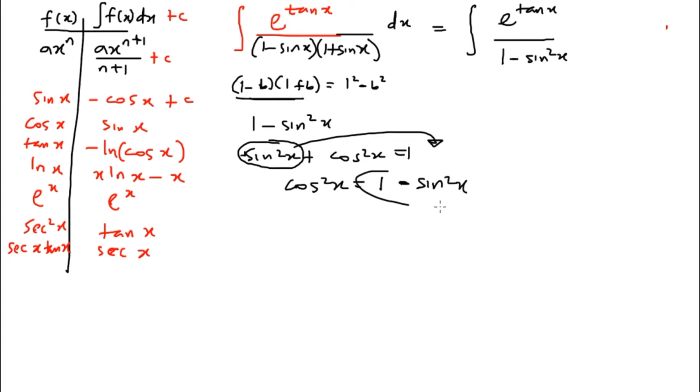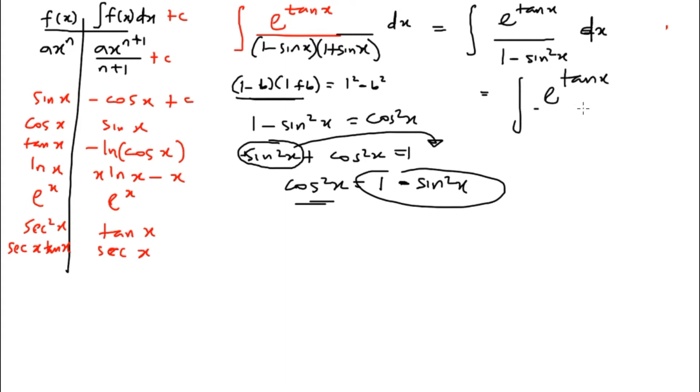Anytime I see 1 minus sine squared x, I know it means cos squared x. So I substitute it here, and it becomes the integral of exponential tan x upon cos squared x, dx.